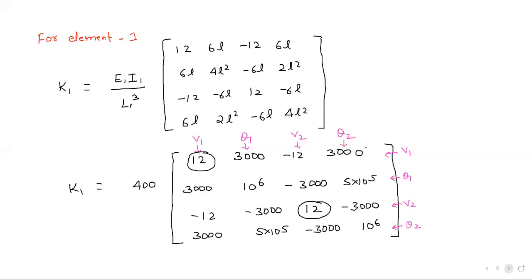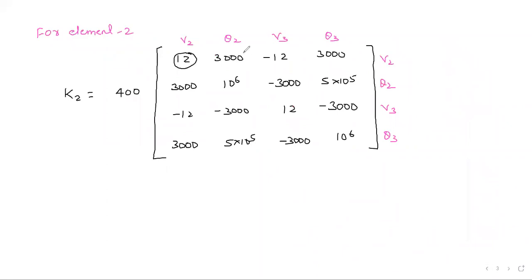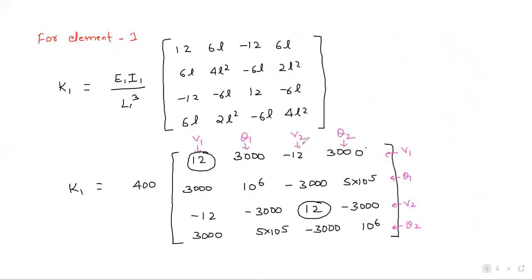So 3000 minus 3000 is going to be 0. Similarly, we add 2 into 10 to the power 6, because here it will be 10 to the power 6 for theta 2, theta 2, and in K1 we also have theta 2, theta 2, 10 to the power 6. So 2 into 10 to the power 6.